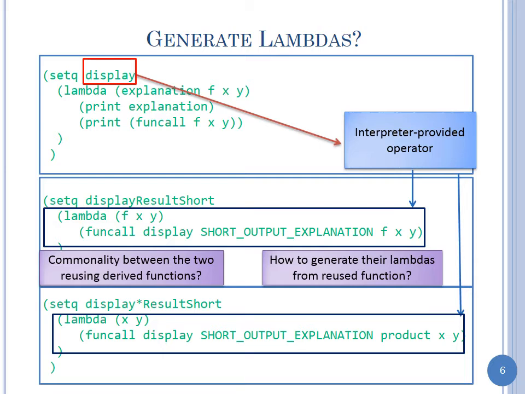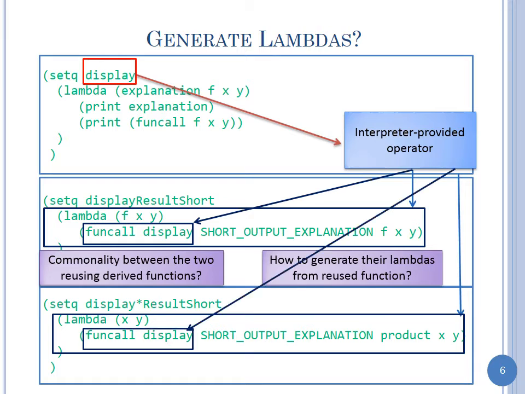If the function display takes n arguments, how long can this list of arguments be? N, at most n. Okay, that's it. So I can generate just from display the FUNCALL display. If I just gave display as an argument, I can generate the FUNCALL display.